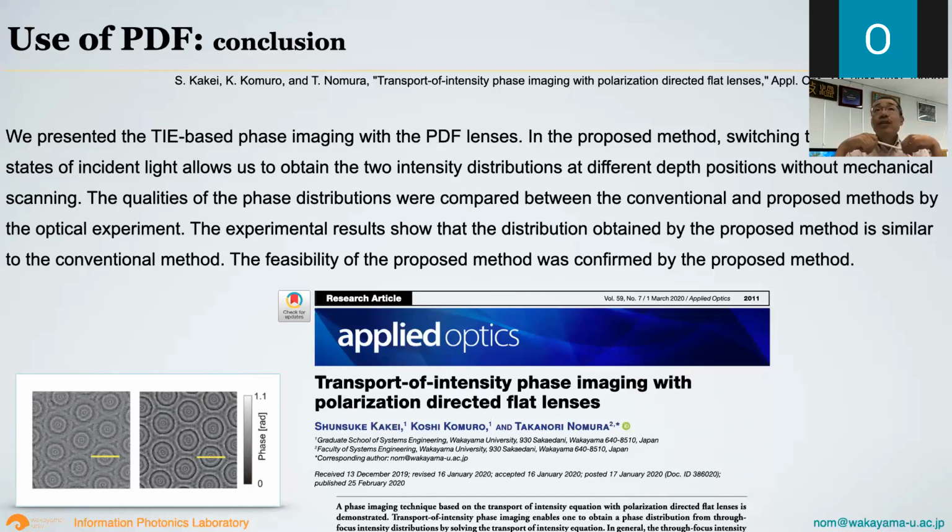The qualities of the phase distributions were compared between the conventional and proposed methods by optical experiment. The results show the distribution obtained by the proposed method is quite similar to the conventional method. So the feasibility of the method was confirmed.